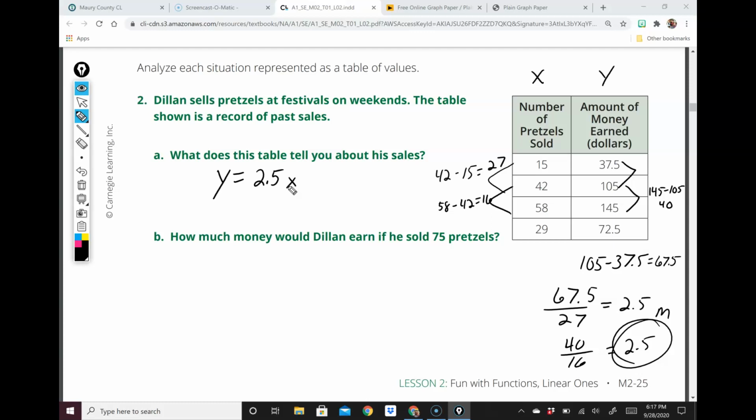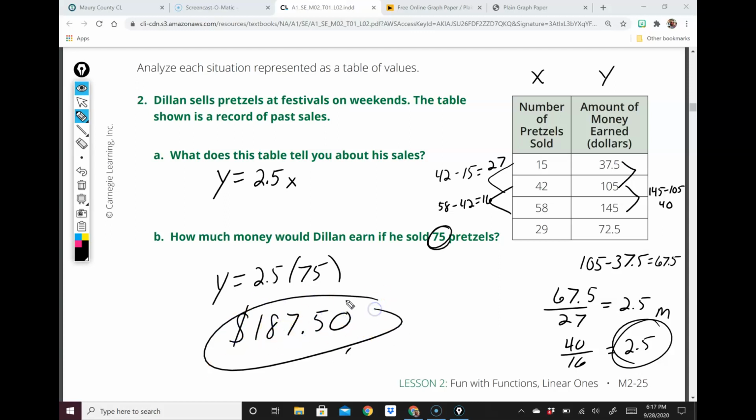We could plug in 75 pretzels, y equals 2.5 times 75, to see what he is going to earn. And he should be making $187.50 for selling 75 pretzels.